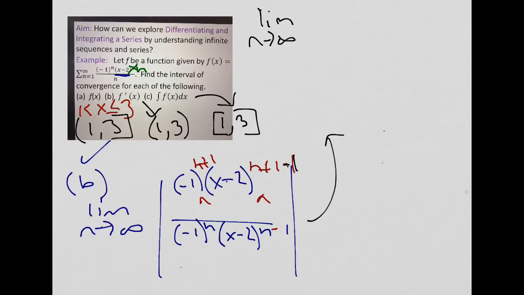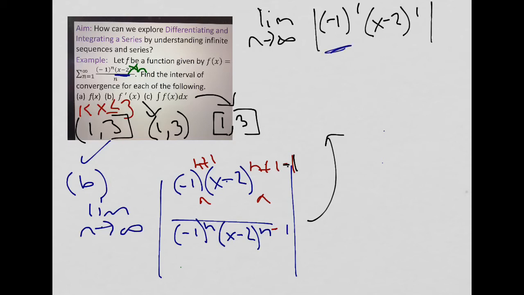So we have negative 1 to the first power, and then we have the quantity of x minus 2 raised to the power of n plus, I was going to say plus 2, but it's actually n minus n plus 1. So it's just the first power. We went through this before.